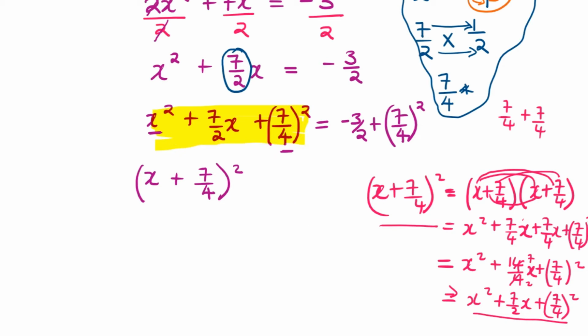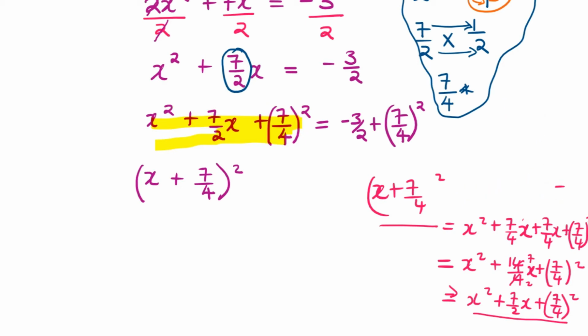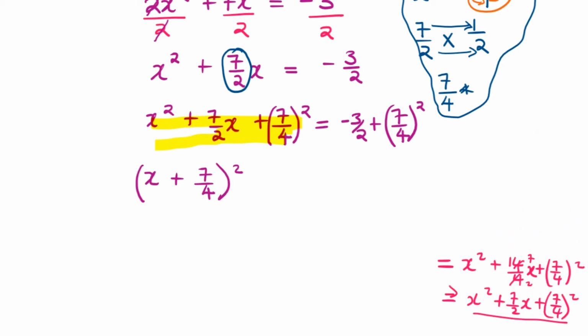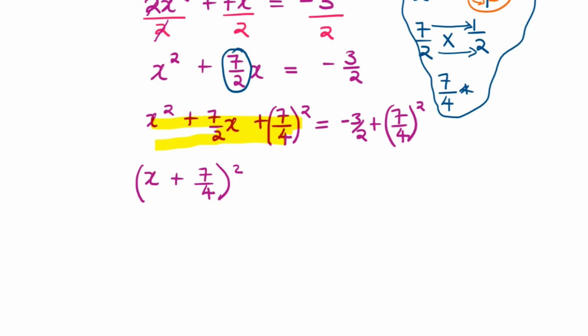I can rub some things here, the work is too much. As I mentioned, I was just trying to show you where this x plus 7 over 4 squared is coming from. In an exam, you don't need to do that.